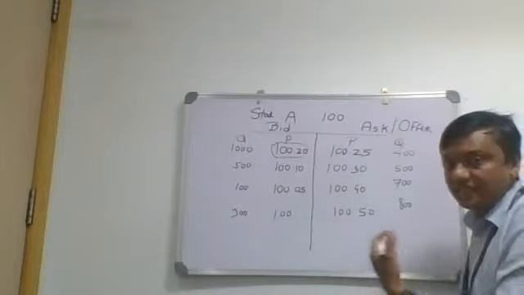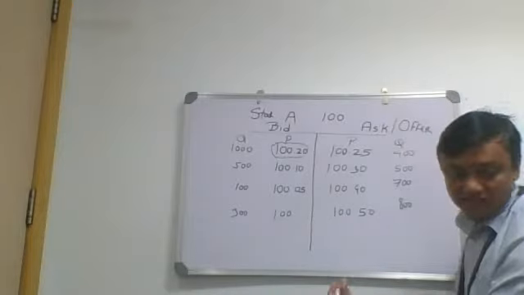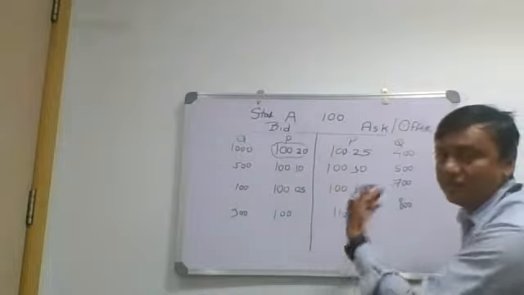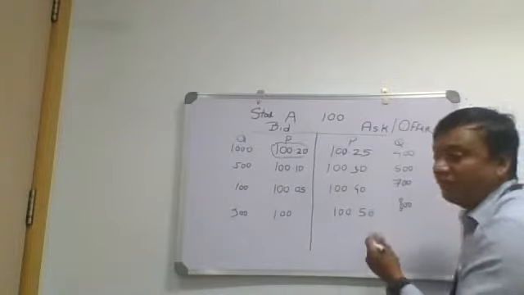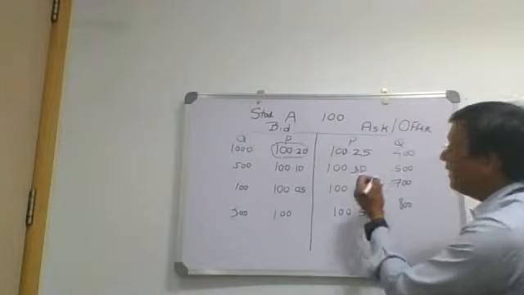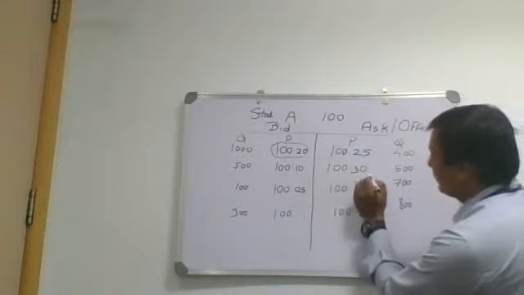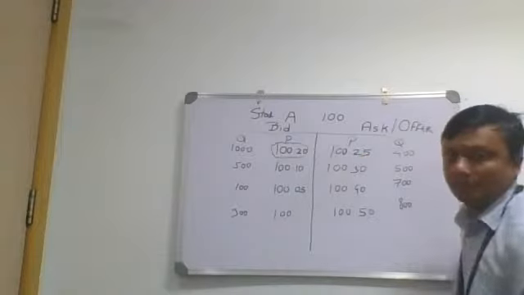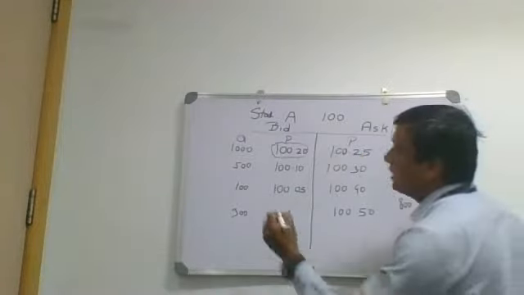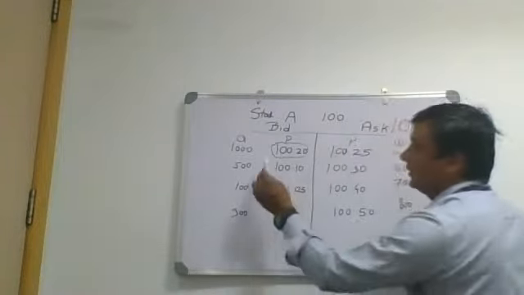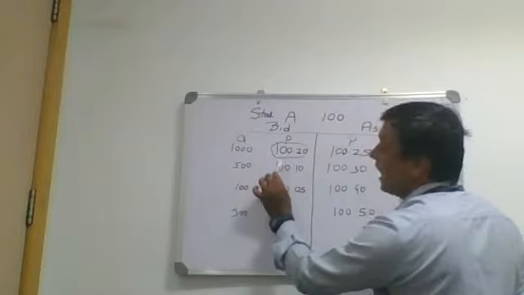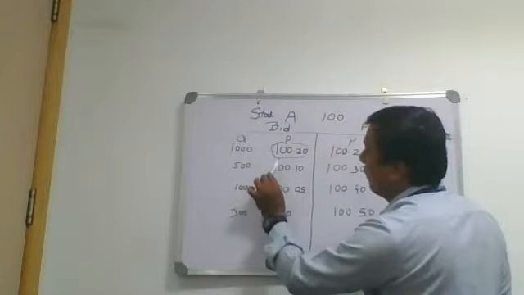If you are placing an offer or an ask at 100.25, and it is lower than the previous offer, then it will come on top. On the bid side, the top bid will be the highest price.